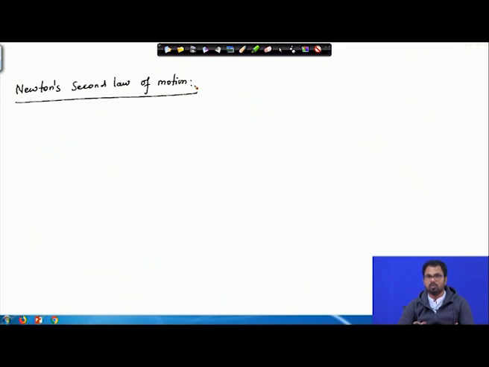The first is called the law of inertia. If a body is in motion, it will remain in motion. If it is at rest, it will remain at rest, unless it is compelled by some external force to change its state.